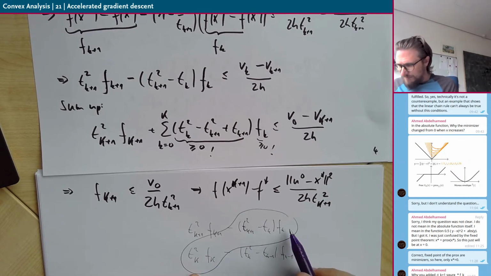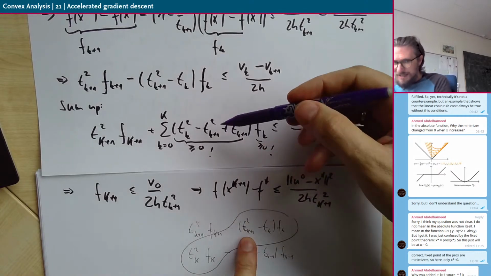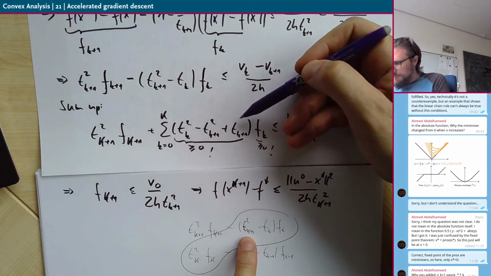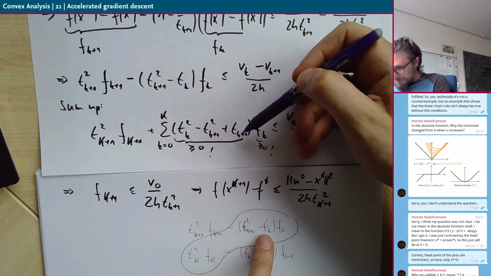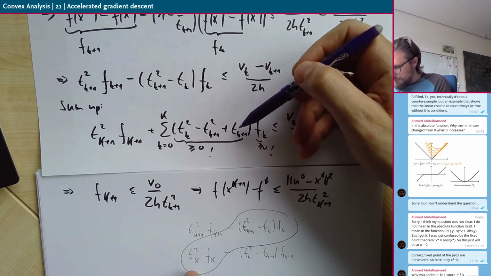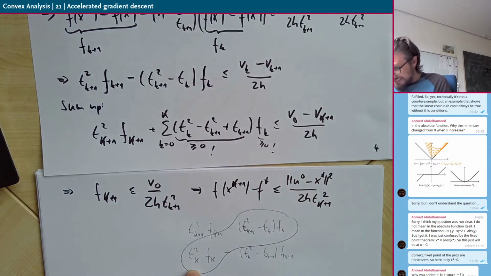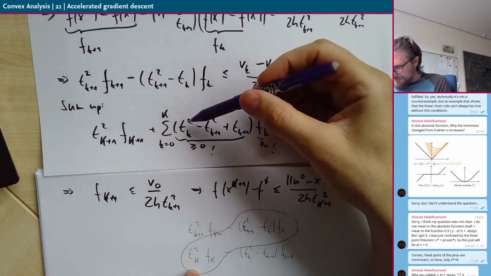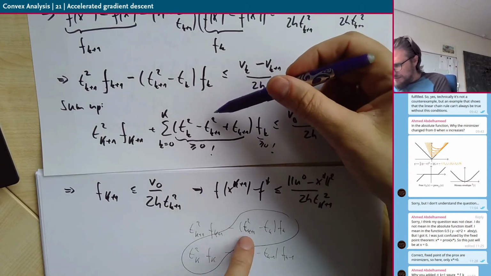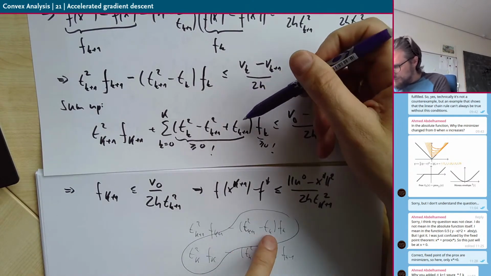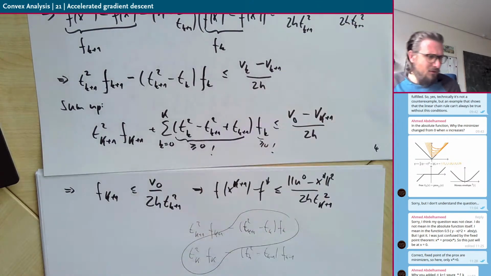If we subtract these together, then we get exactly this t_{k+1} squared, and minus minus gives plus. But where did this come from? So this is t_k squared f_k, t_{k+1} f_k, and this should be t_k. Should it be t_k?